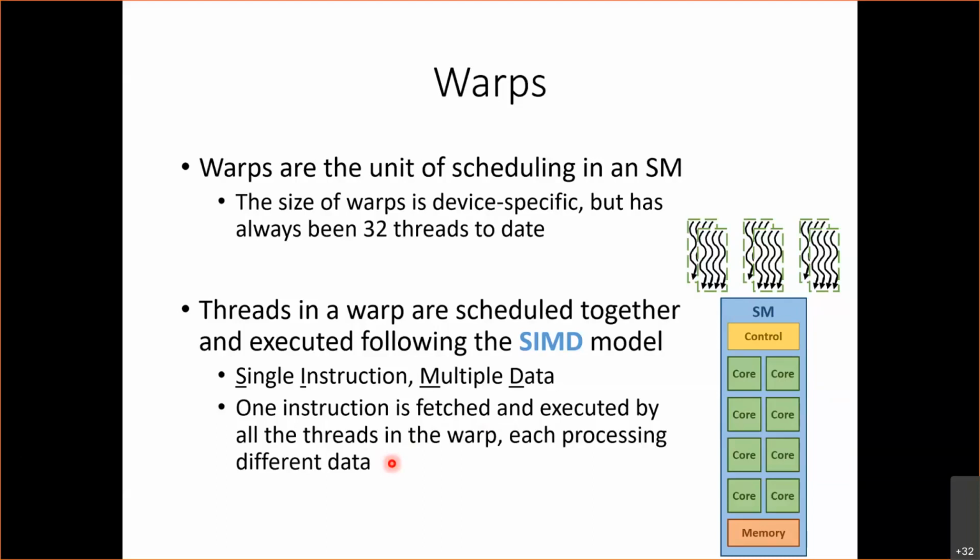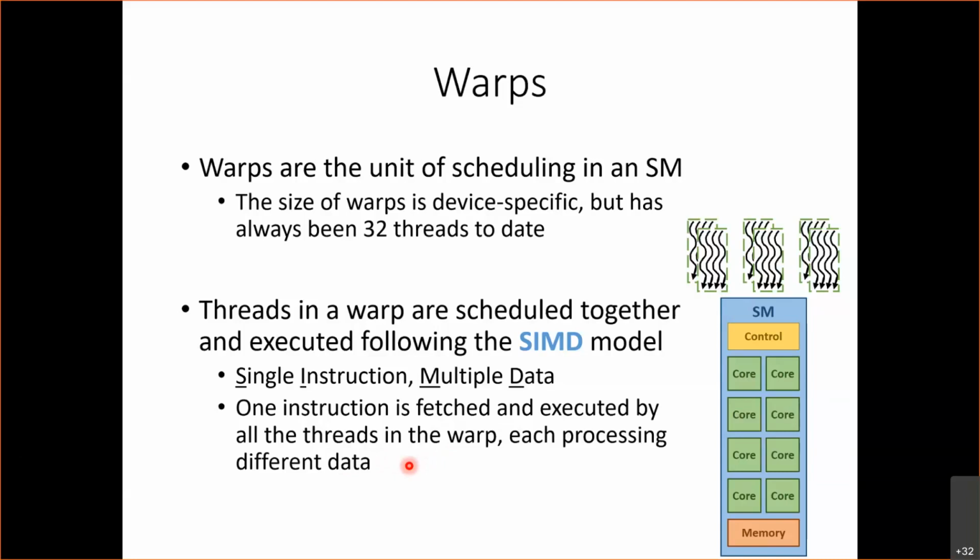So if I have a separate instruction decode for every single one of these 1024 threads, I'm going to need a lot of control logic. But the advantage of executing the same instruction across many different threads is that I only need one unit for fetching and executing these instructions, and I amortize the cost of that unit across multiple threads.